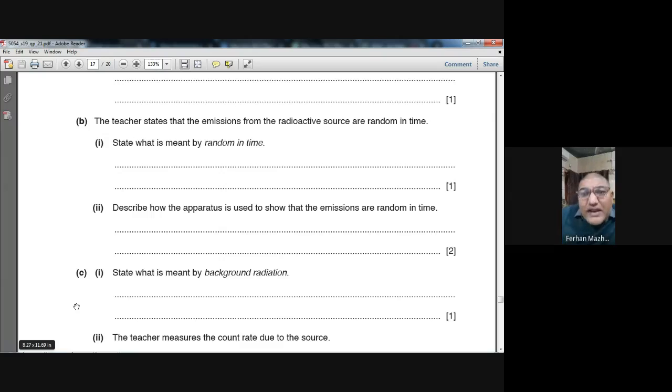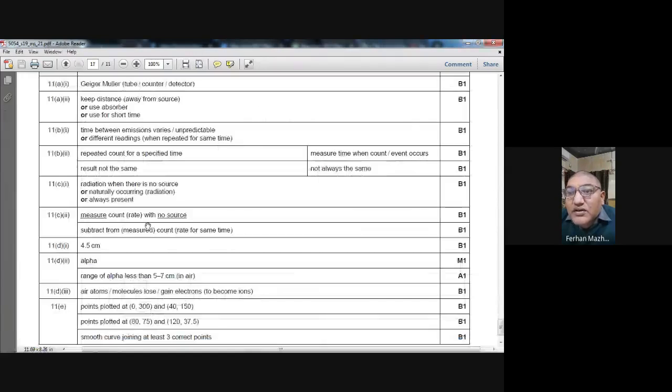Every time you take the reading with the help of this GM tube, the reading will be a little different from each other. So this means the reading on the apparatus will show that the emission from that radioactive source is random, because every time the reading will be different. Don't write the answer yet. Let me check the marking scheme also.